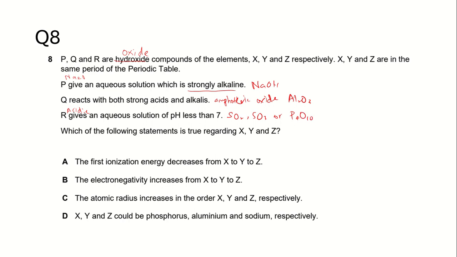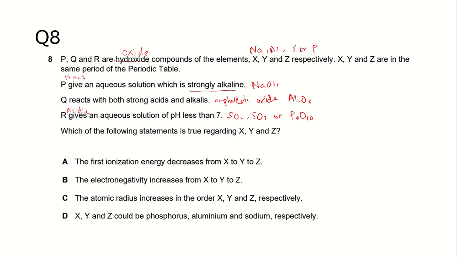So sulfur or phosphorus. So X is sodium, Y is aluminium, Z is sulfur or phosphorus. We don't know which one, yeah?